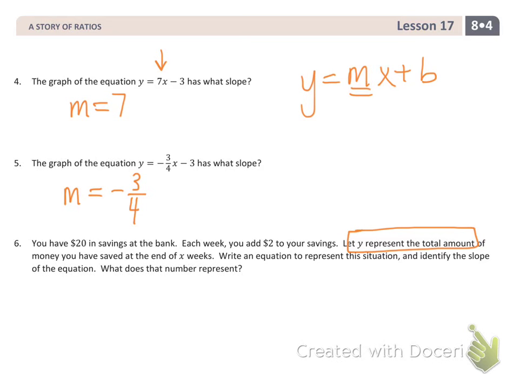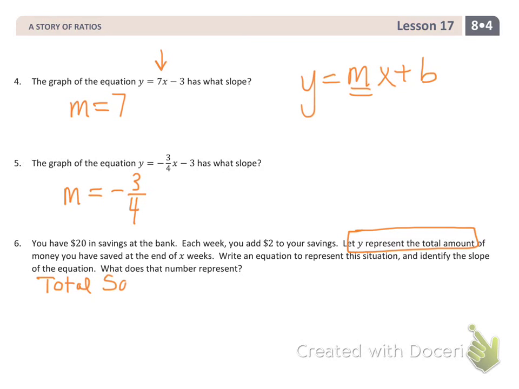First we have to write an equation before we can identify the slope. So if y is the total amount of money you have saved, I'm going to write just a verbal equation because this helps some people.